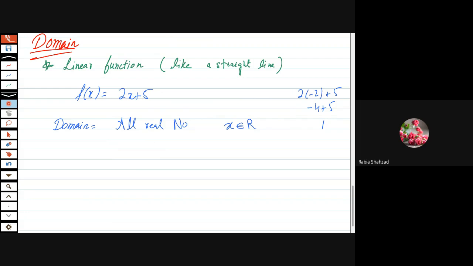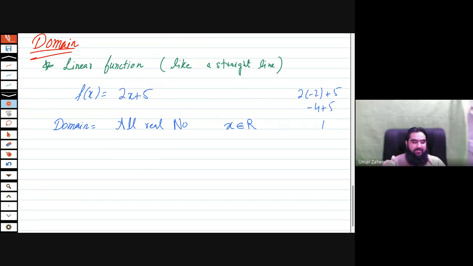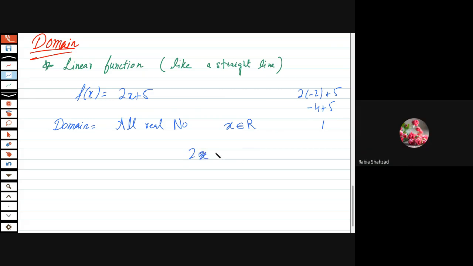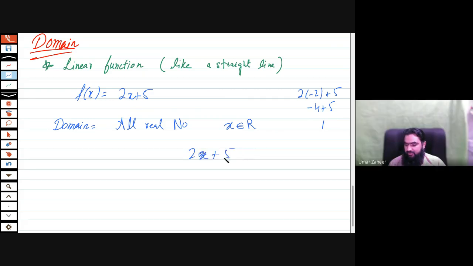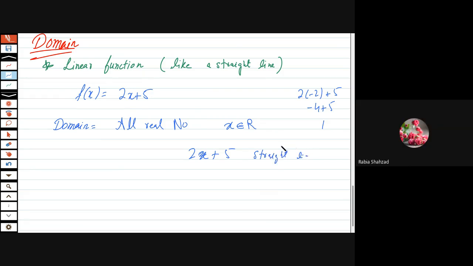Linear functions, basically if you have any linear equation, y is equal to mx plus c, it shows a straight line. If you write the equation 2x plus 5, it shows a straight line.